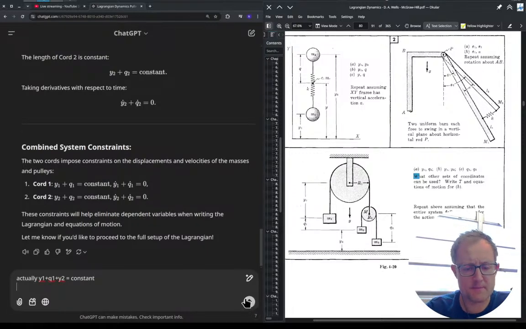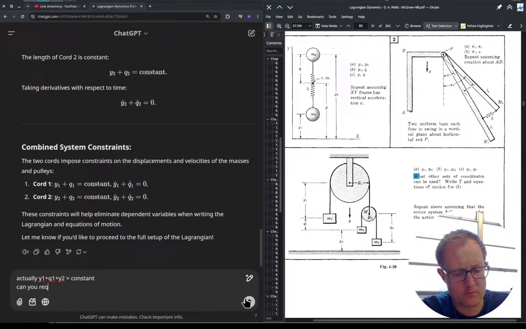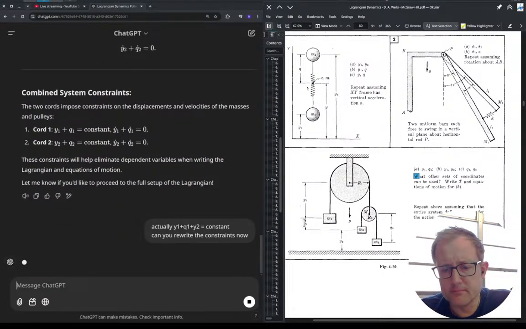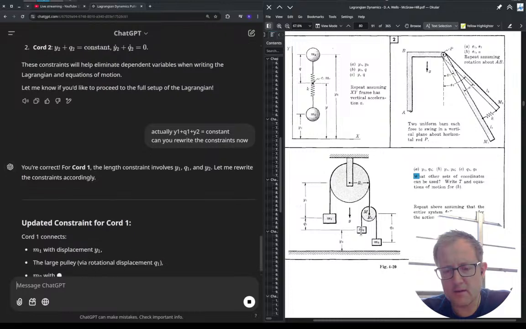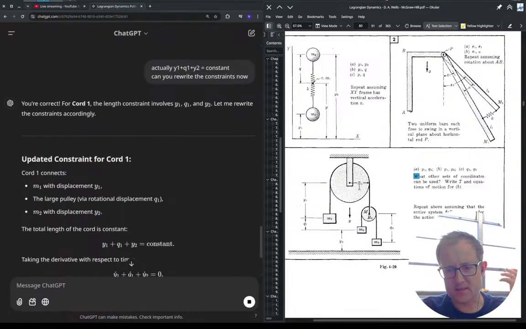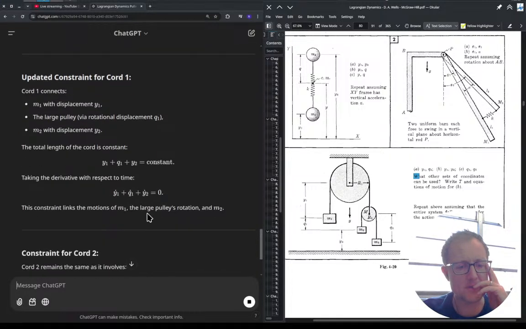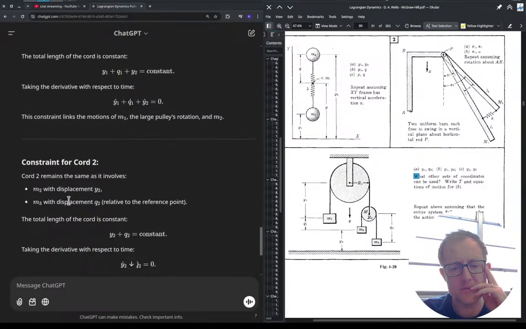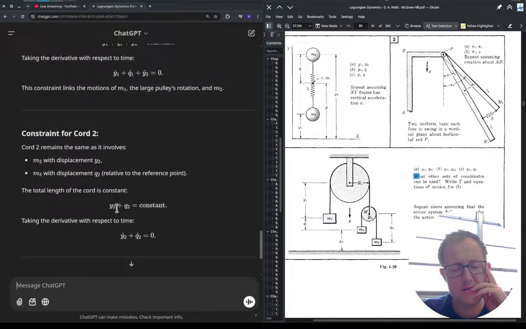So let's, can you rewrite the constraints now? Because from here to there to here to there, that's always the same distance because it's going up to a mounted point. Chord 2 remains the same, and it's saying M2, M3, y2 plus q2.